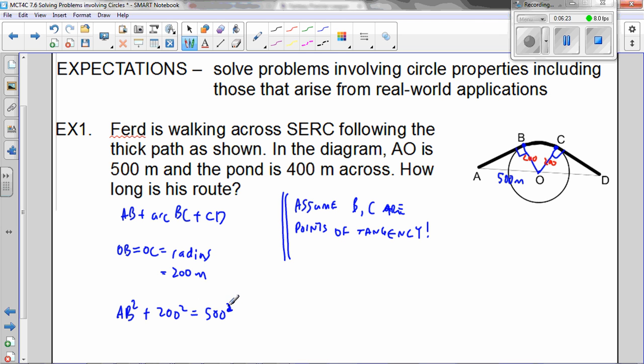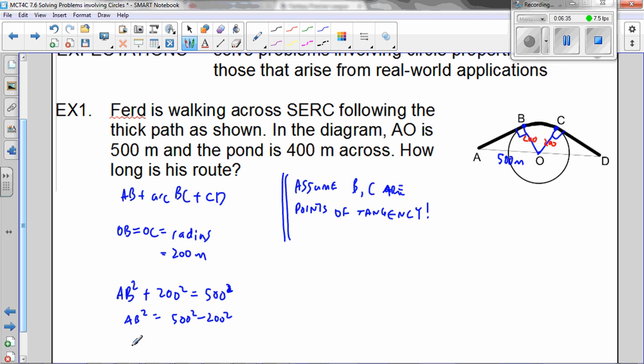And we were able to do that because of this tangent radius rule. Bang, bang, bang on the calculator. Dot, dot, dot. And that's equal to about 458.3 meters. And so we got that.